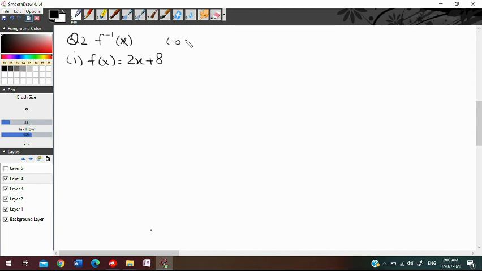Its b part is f inverse at minus 1, and we have to verify that f of f inverse of x is equal to f inverse of f of x is equal to x.